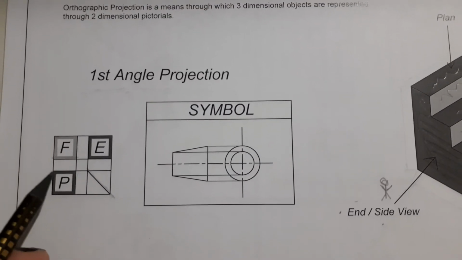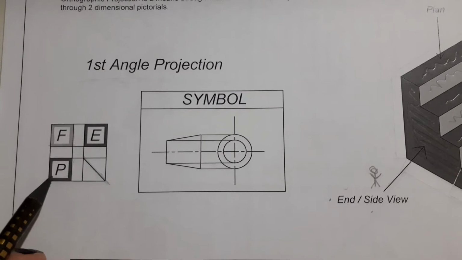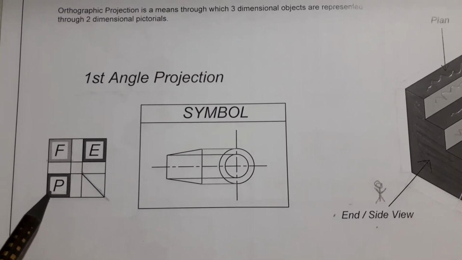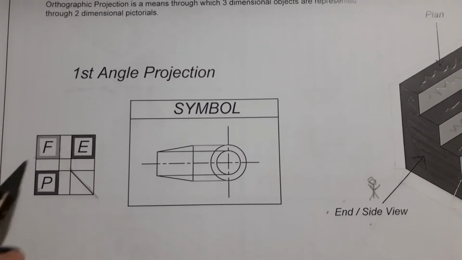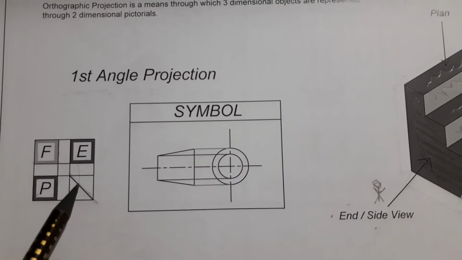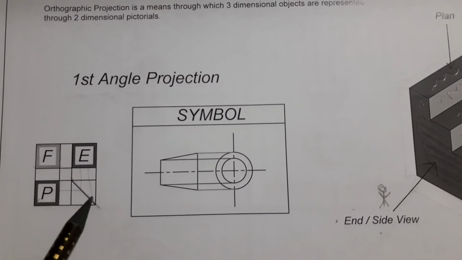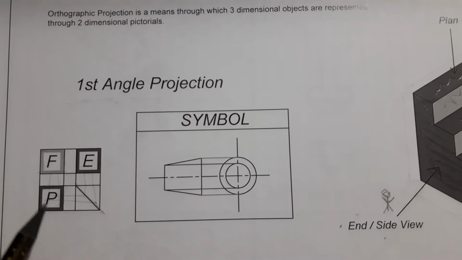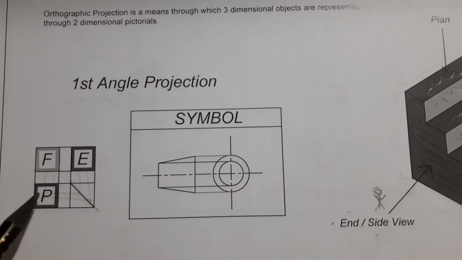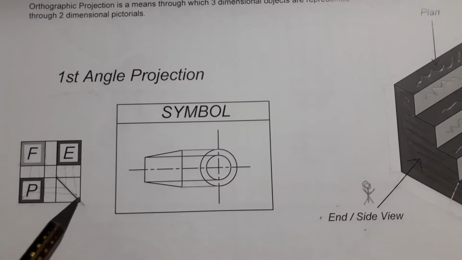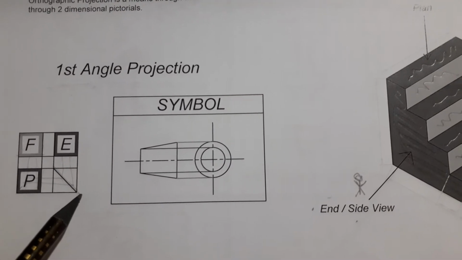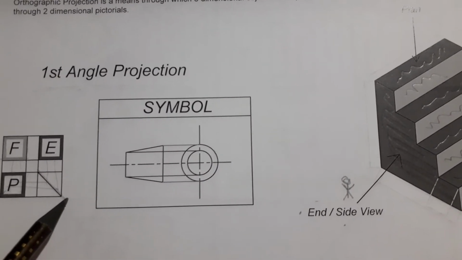What it means is, for example, to create the plan, to draw the lines, all you'd have to do is drop lines from the end view and take them like this, and drop lines from the front view vertically. The mitre line, the 45-degree mitre line, is just there to help you.